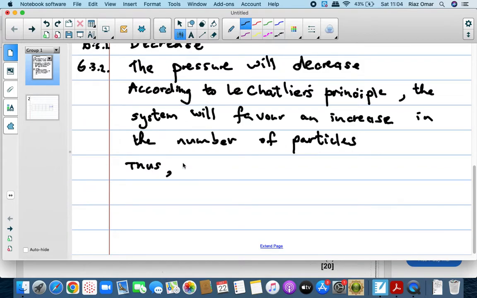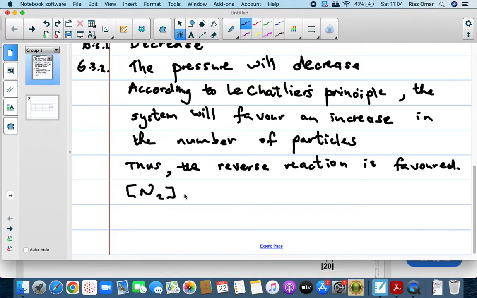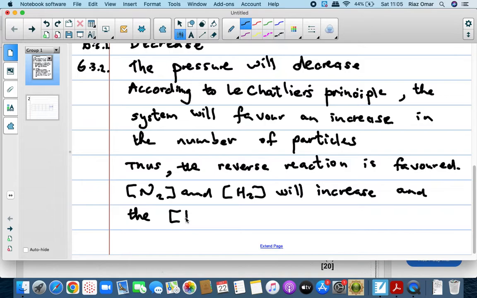Thus, the reverse reaction is favored. Right, we can say the concentration of N2 and concentration of H2 will increase, and the concentration of NH3 will decrease. Okay, that's 6.3.2.